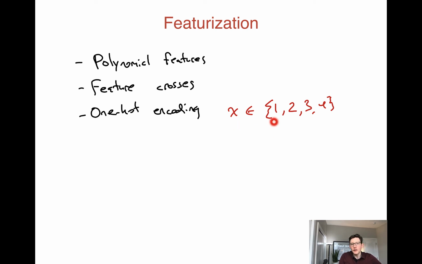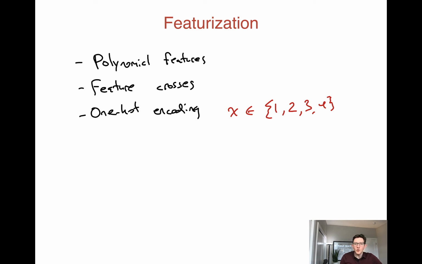That won't work well in, for example, logistic regression if these numbers don't have any kind of order to them, because the model is looking for a linear boundary in feature space. So, for example, there's no boundary in x that divides, let's say, our label being 1 if x is 1 or 4, and not if it's 2 or 3. There's no way a logistic regression can give that decision boundary.